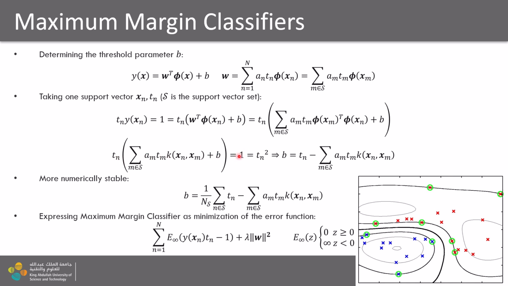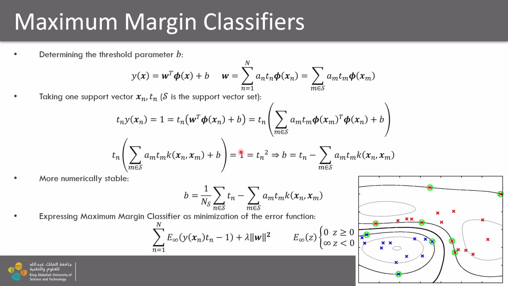And we can also say that tn squared, no matter whether tn is equal to -1 or 1, as the classification of these two classes, will definitely be equal to 1. So we can put that tn times this equals tn squared, and then we can get rid of one of the tn's on each side, and we end up with the formula where this sum plus b is equal to tn.